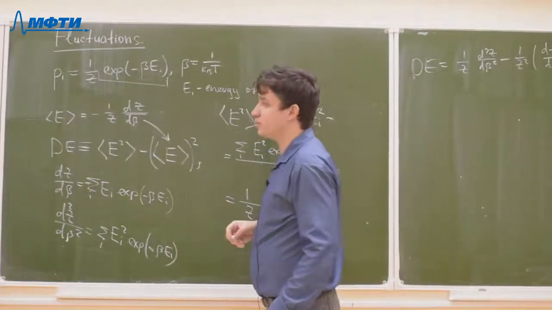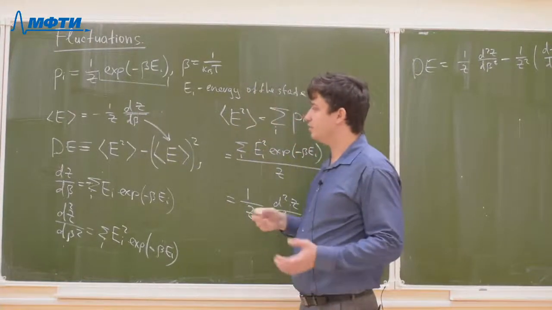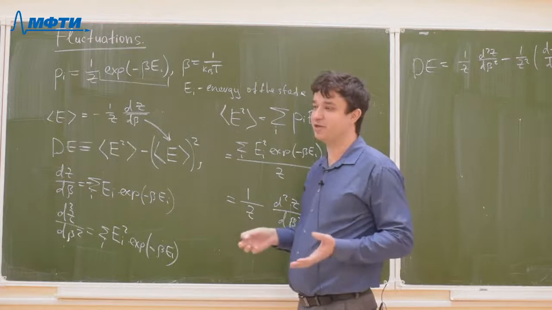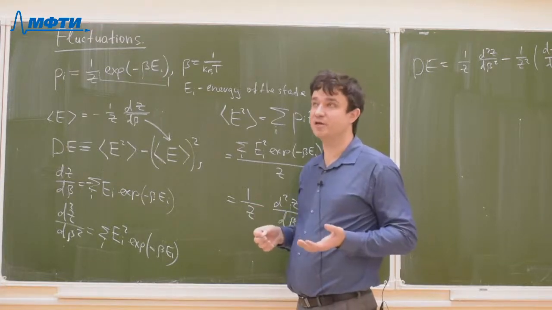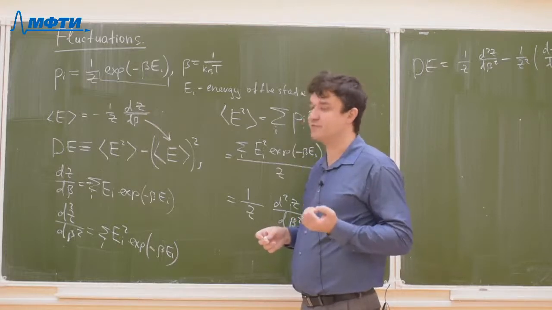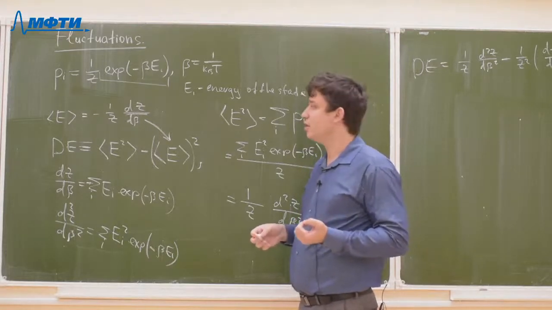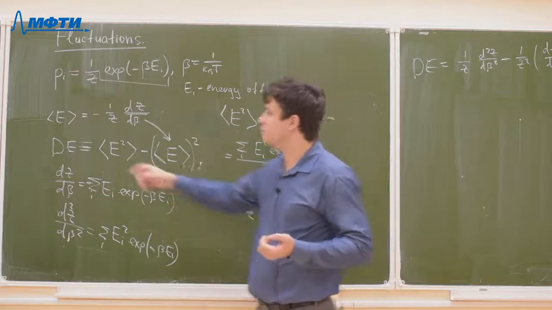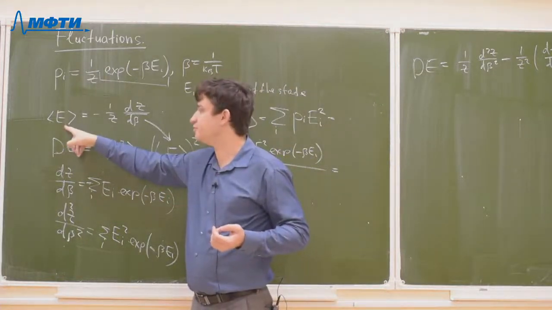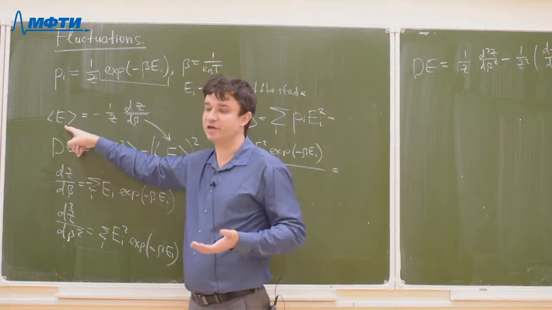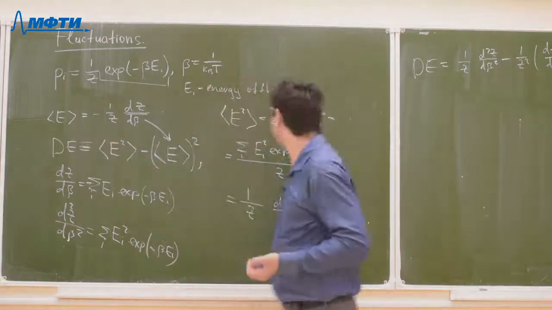But more importantly, the derivative of energy over beta doesn't have any explicit physical meaning. And to have some physically meaningful value, I need to calculate the derivative of energy over temperature. If I have this derivative, then it is actually the heat capacity of the system.